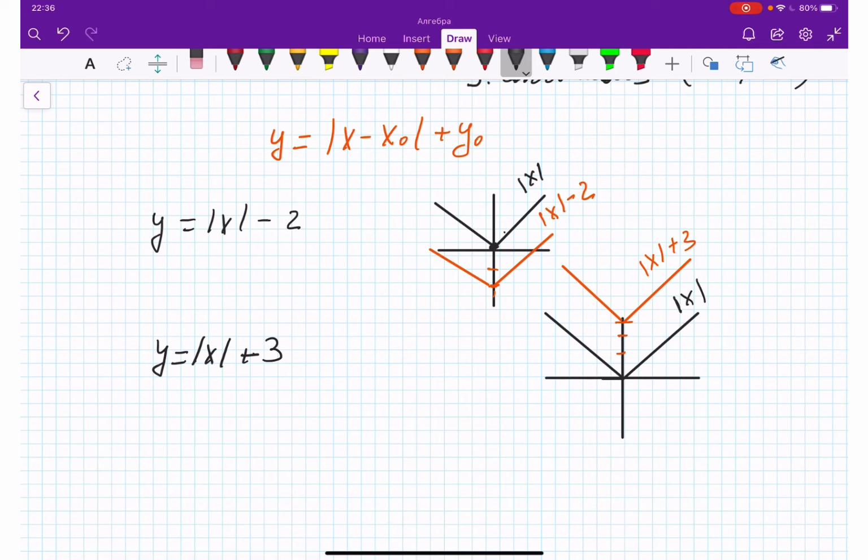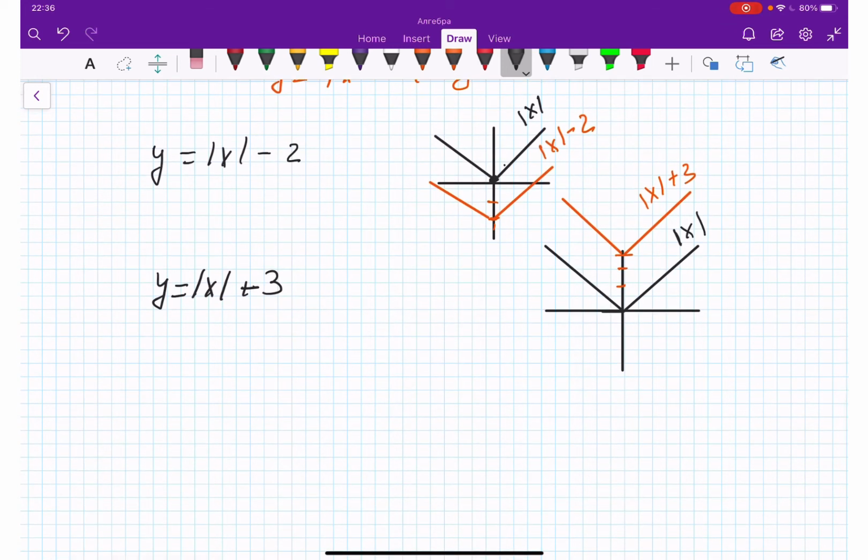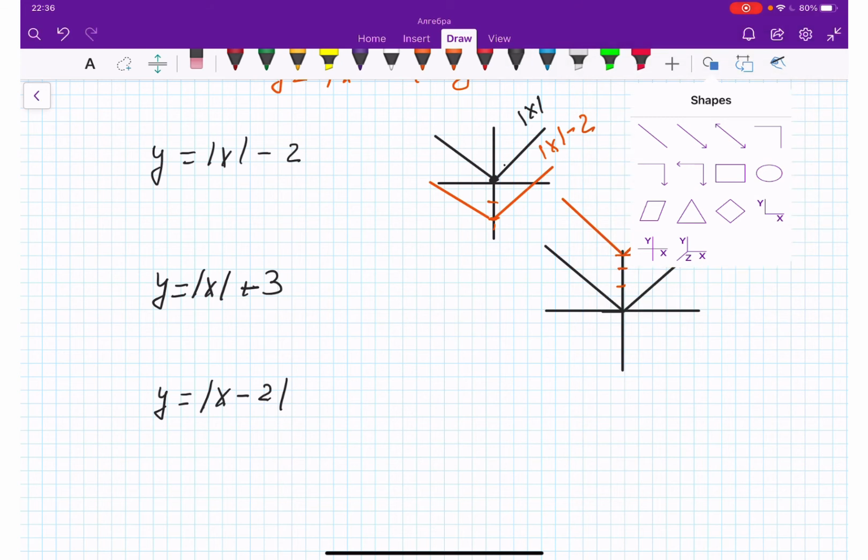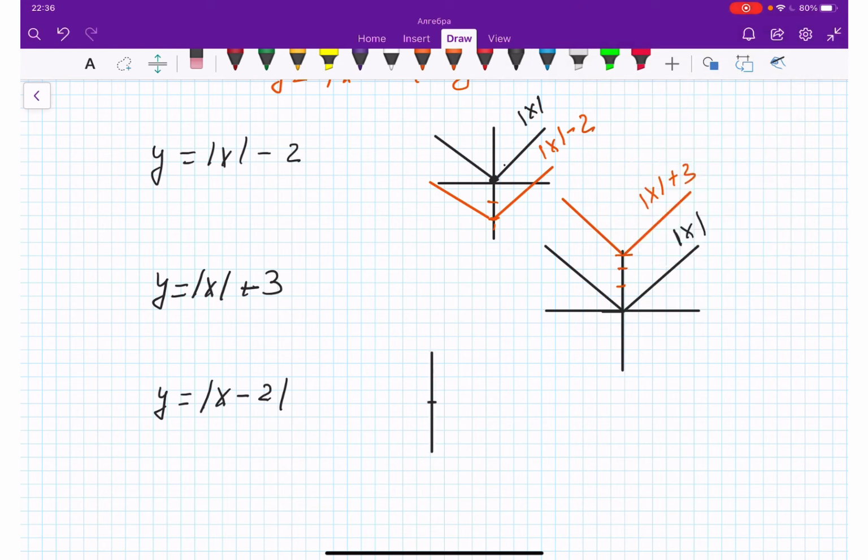All right, next one, we are going to build y equals absolute value of x minus 2. So how is it going to look?